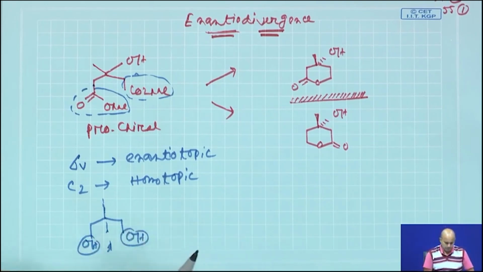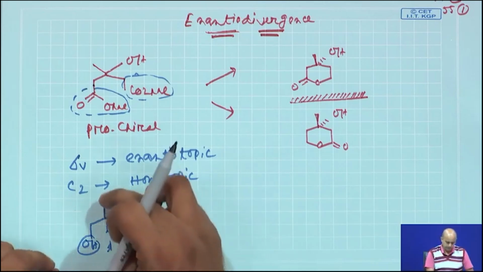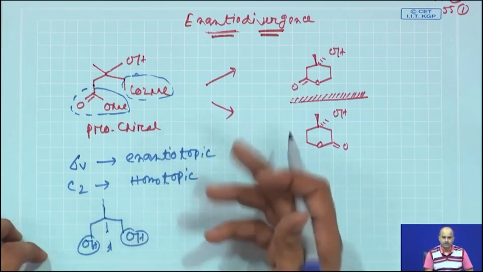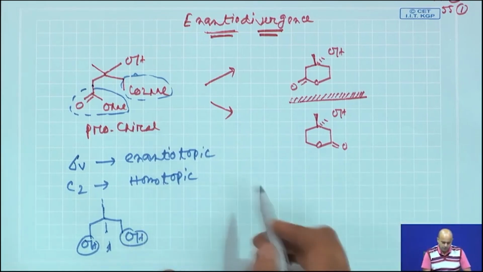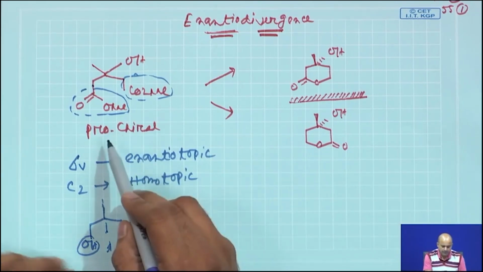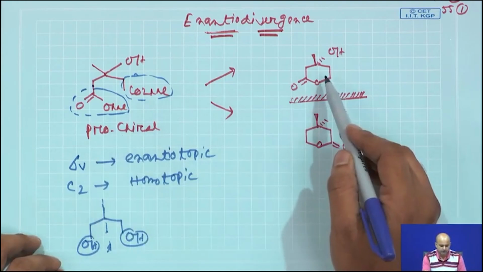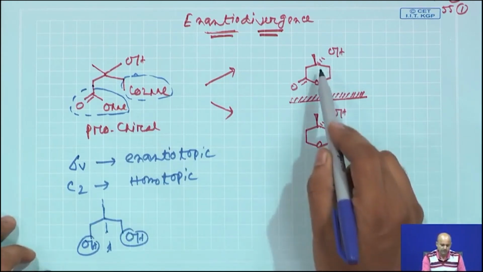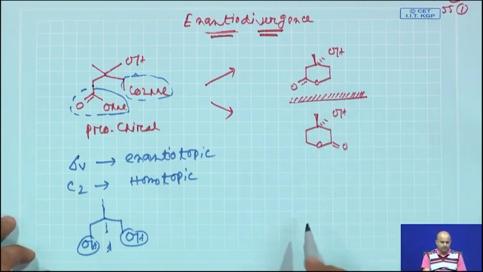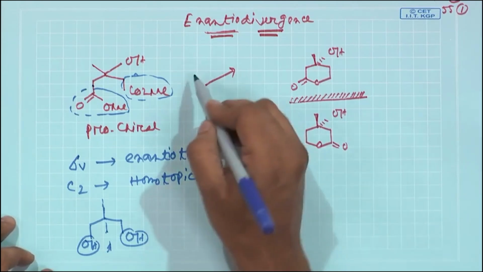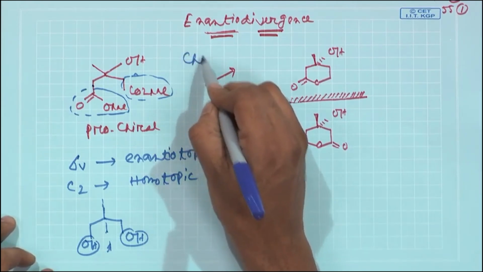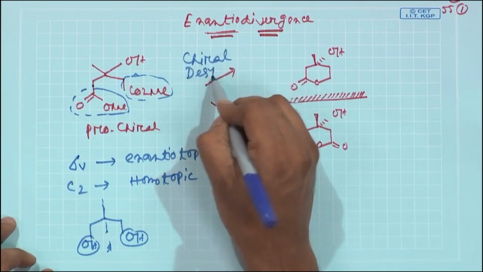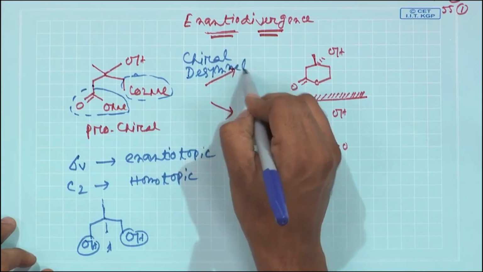You can consider this through symmetry elements, or through the substitution pattern, which is also available in standard stereochemical textbooks. So, you have a prochiral compound, and the assignment is to convert it to two enantiomeric lactones. The initial reaction has to be a chiral disymmetrization reaction, which will lead you to the divergence.